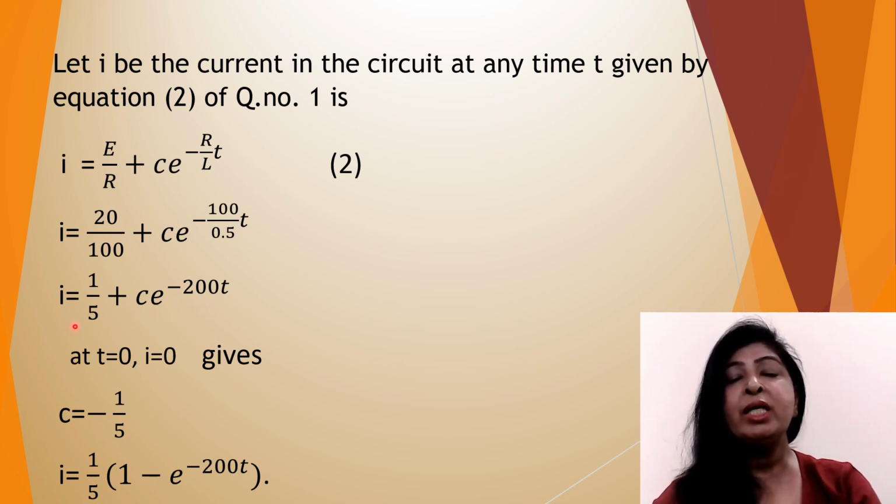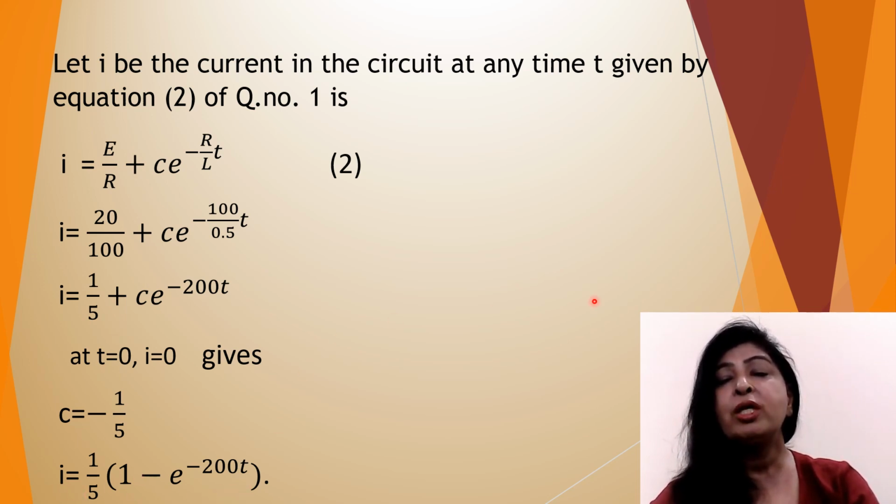Now at time t is equal to 0, current i is 0. So that will give you the value of C, which is equal to minus 1 by 5. So just substitute the value of C over here. Take 1 by 5 outside. You will get the current i at any time t. So this is all about the electric circuits.